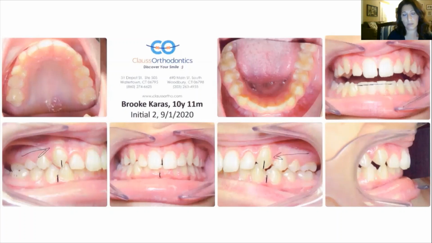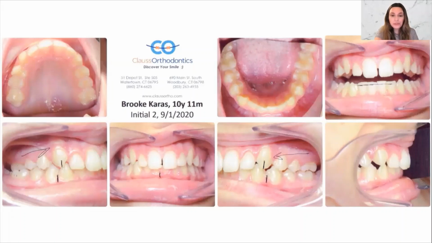And then we're going to go ahead and start taking a look at the occlusion. You can look at the canine relationship, and you're also going to look at the molar relationship. And also it's helpful to take a look at the side profile, because you're going to see a better look at where the overjet and the overbite will be. So we're going to take a look at this, and I will give you a hint.